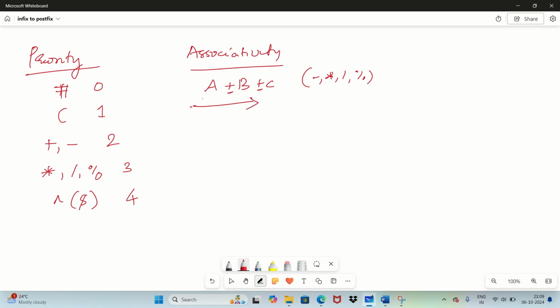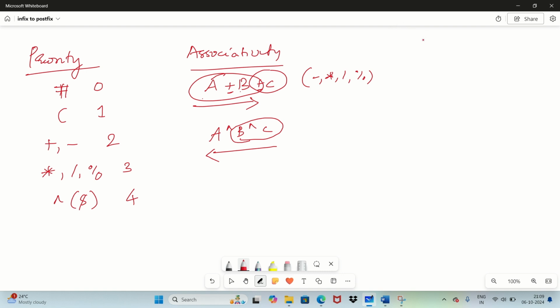That means you solve from left to right. So first solve a plus b and then with this answer solve plus c. And when it is power, we always solve in the right associativity manner. So first solve b power c and store its answer, then a power that answer.